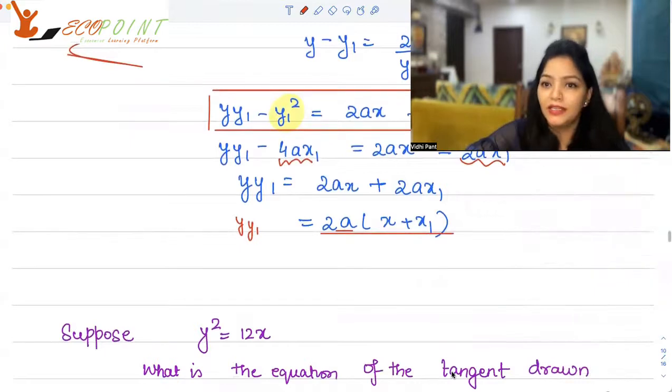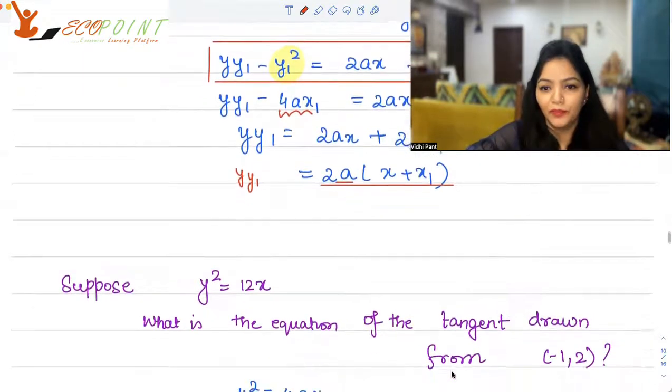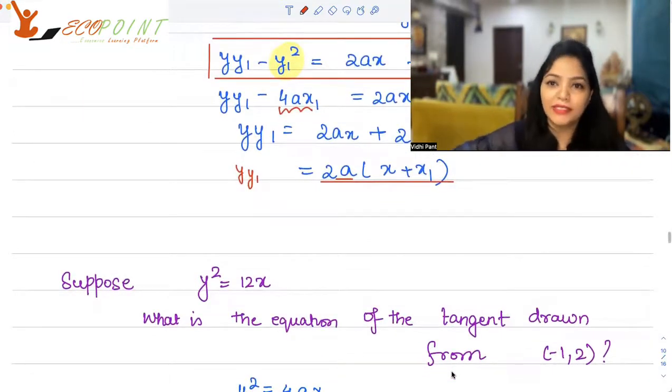Let me take another kind of example now. Suppose this time y squared is equal to 12x. What is the equation of the tangent drawn from -1, 2? I will repeat myself: drawn from -1, 2.